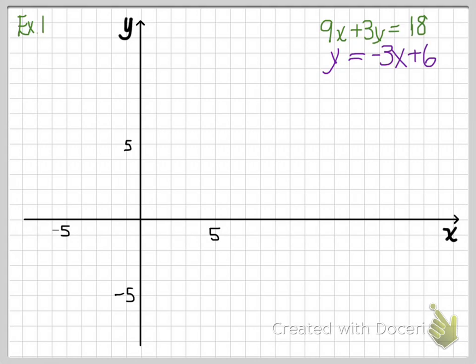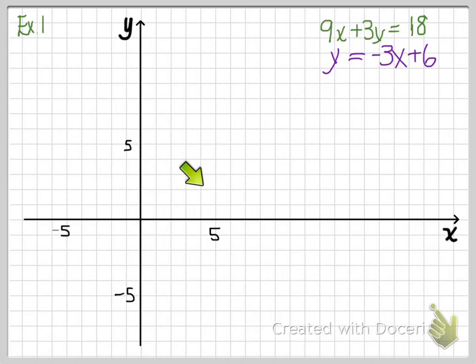And I've put them up here, so I'm going to color code my lines here. So we've got in the green above 9x plus 3y equals 18. And we're going to graph that using intercepts that we have seen before.